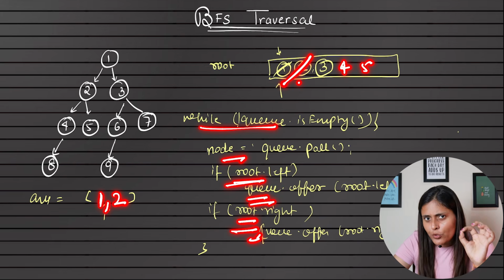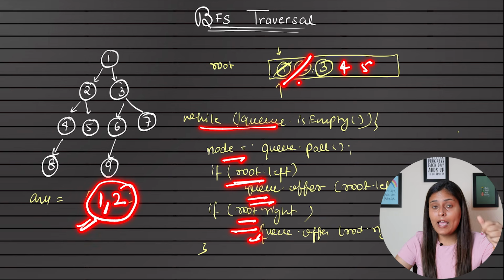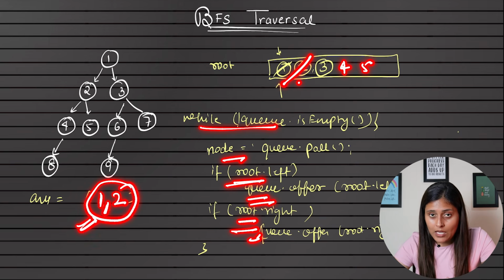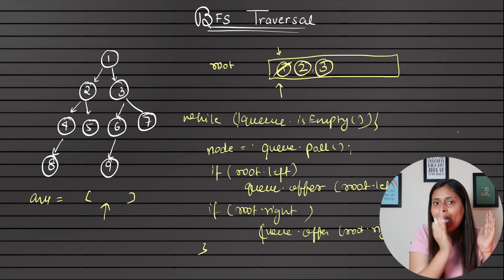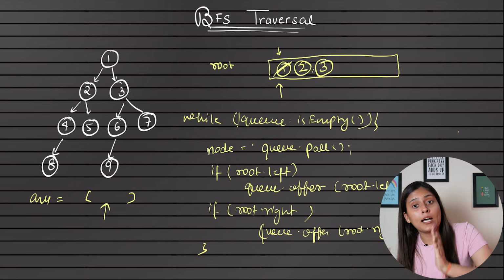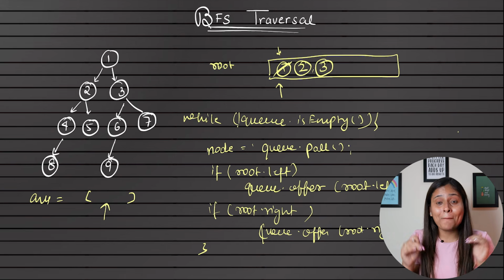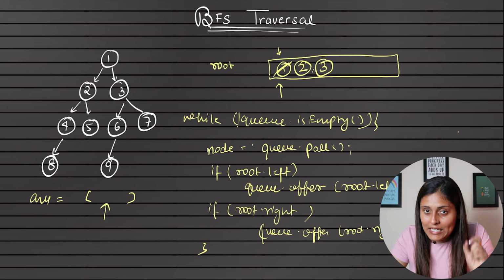But wait, don't you think 2 was not expected to be added at the same level as 1? Correct. 1 was supposed to be added in one sublist and 2 and 3 in another sublist. So what is that extra logic which will make this possible? Listen.